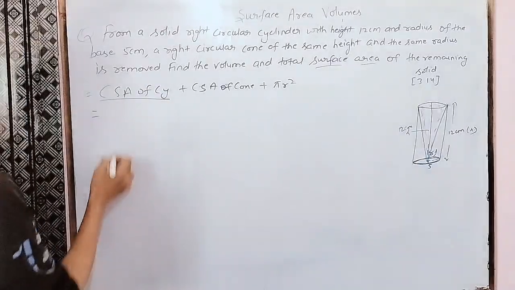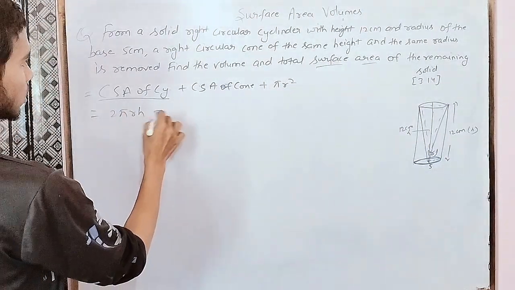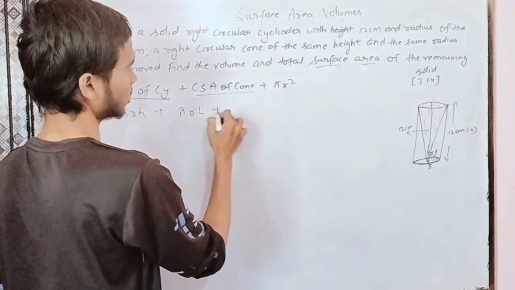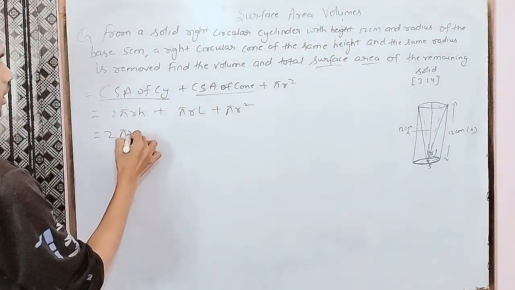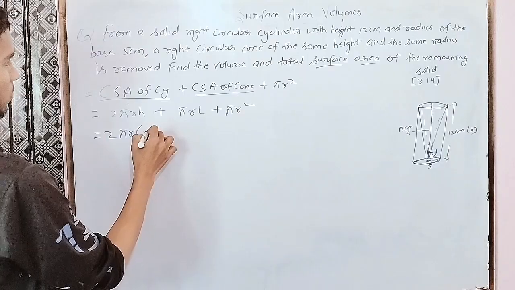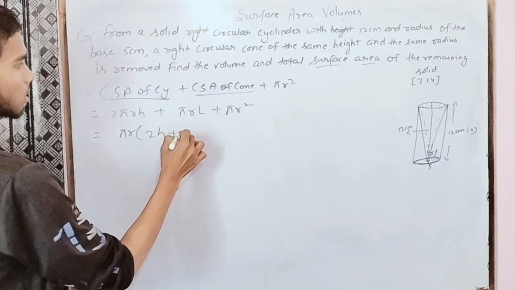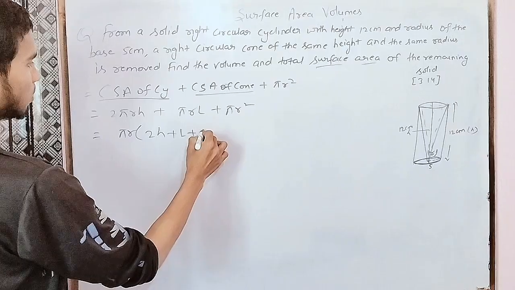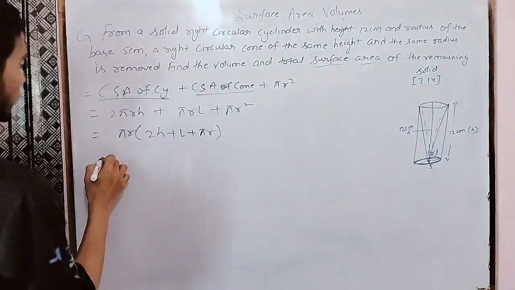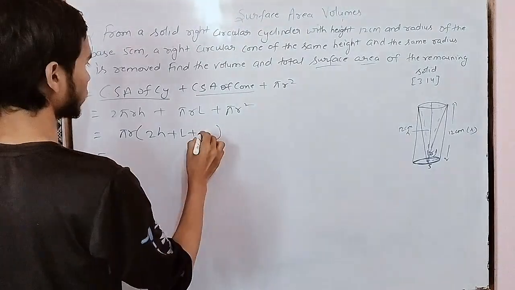So for the cylinder the curved surface area is 2 pi r h, and for the cone pi r l. We can take 2 pi r common, so here only r remains.